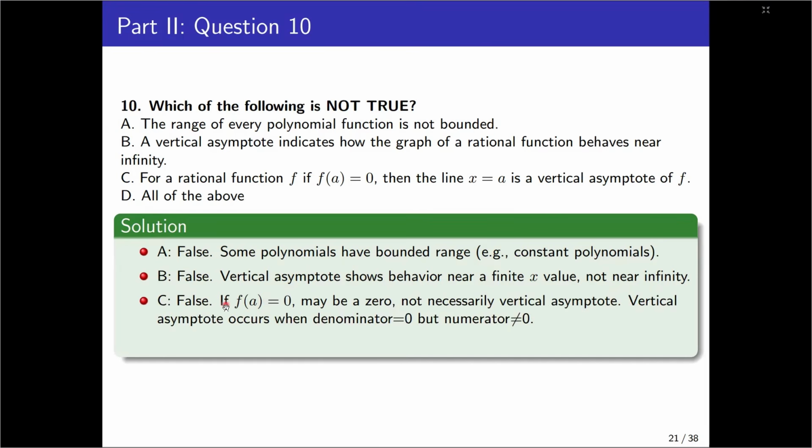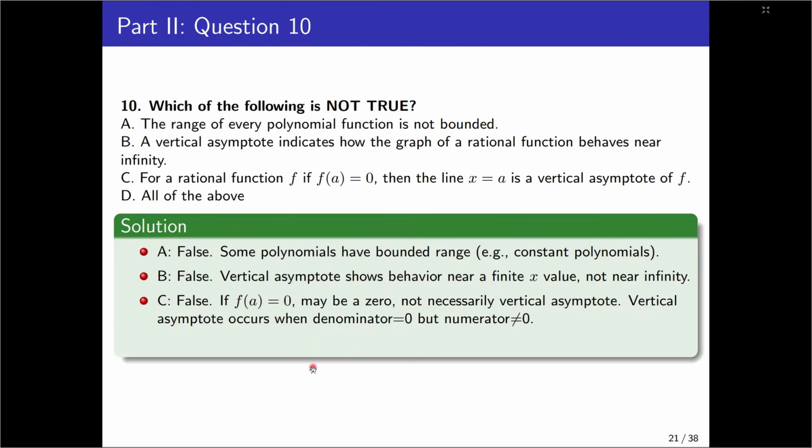C is also false. That means if f of a is equal to 0, it is not necessarily a vertical asymptote, because if there is a factor that can cancel x minus a from the numerator of the given rational function, then x equal to a may not be a vertical asymptote, rather it may be a hole.